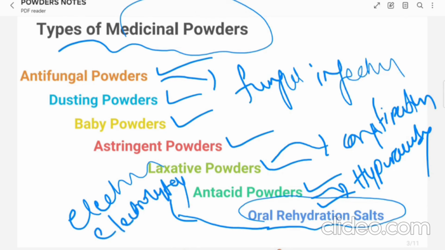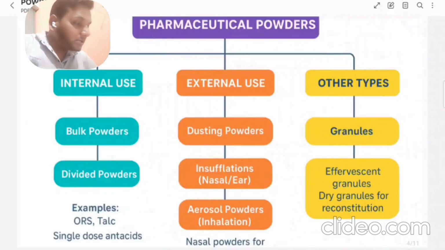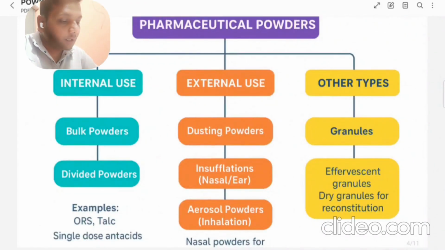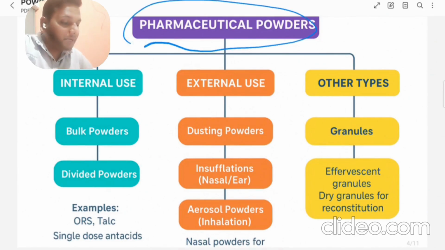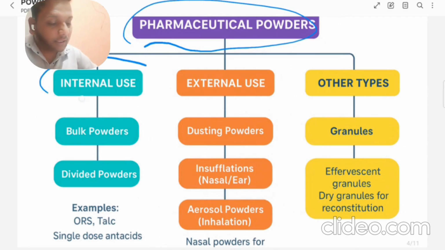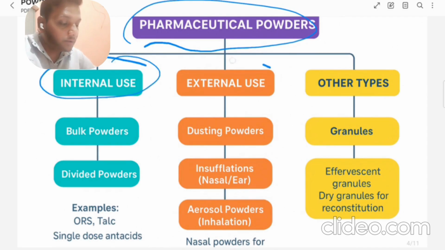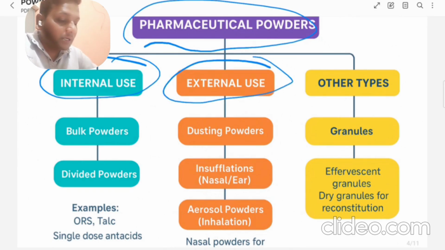Now the classification of powders. This classification is based on their use, whether they are going to be used internally or externally. Some powders which are used internally are bulk powders and divided powders. Examples for this category are ORS and talc.